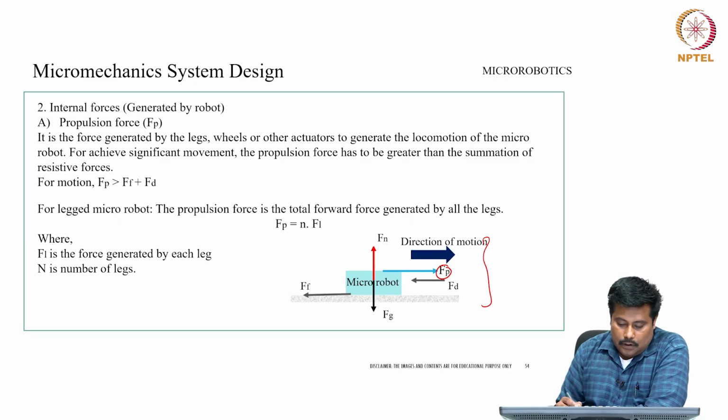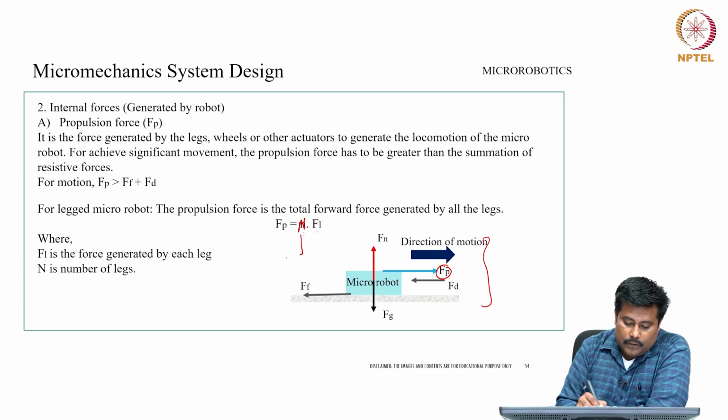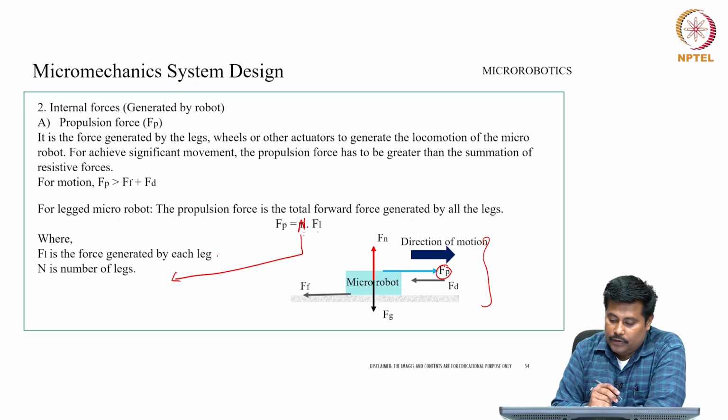Fp basically depends upon N into F1, where N is the number of legs, denoted by the capital N, and F1 is the force generated by each leg. So, for motion, when Fp is greater than Ff plus Fd, that is, for a legged micro robot, the propulsion force is the total forward force generated by all the legs.